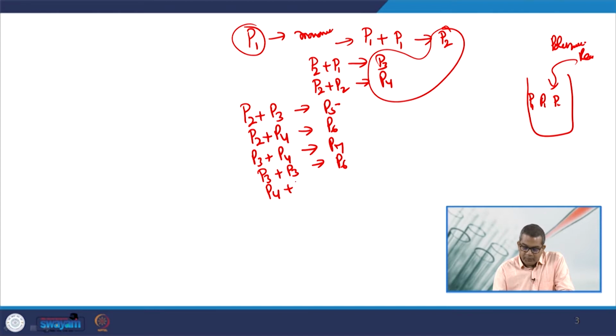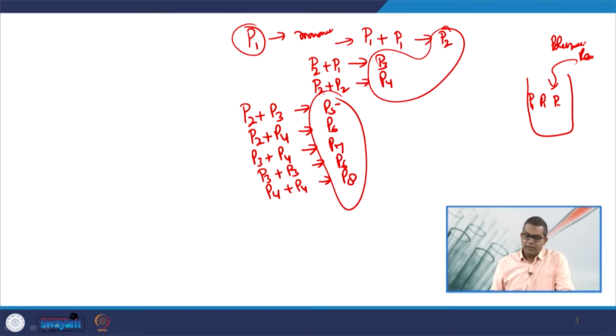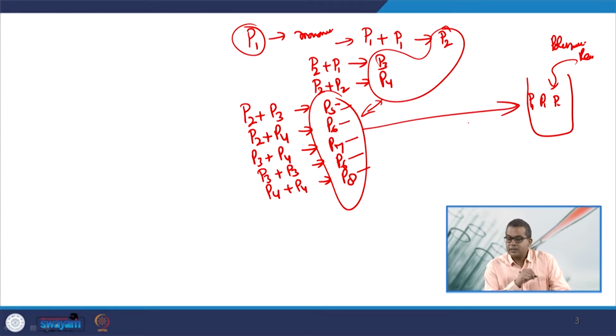Similarly, P4 may have an option to combine on its own to give you P8. Now, if you see this profiling, apart from these products available in the reaction mass, there are additional polymeric chains having 5 repeating units, 6 repeating units, 7 repeating units, and another having 8 repeating units. So, as a whole, after some time this polymer system may have this type of polymeric chains.